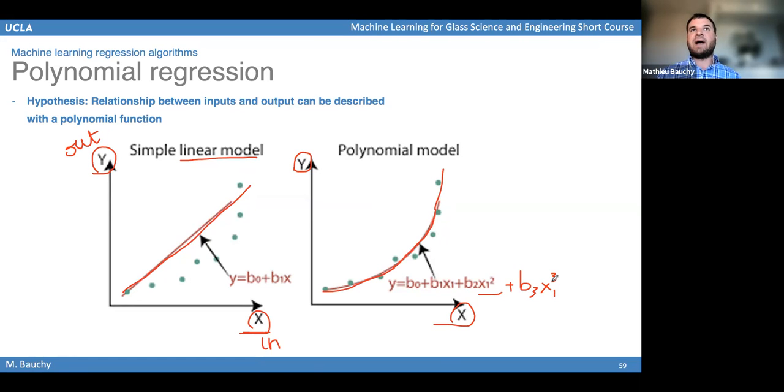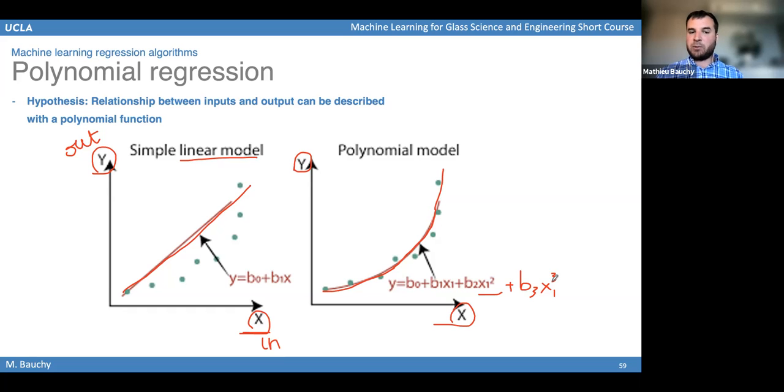select what is the right level of complexity that you should use, and how to find this automatically, so that you don't have to make any assumption. But at least in the most basic version of regression, the first step is to look at the data and make an assumption about how complex you think the relationship between the input and the output is.